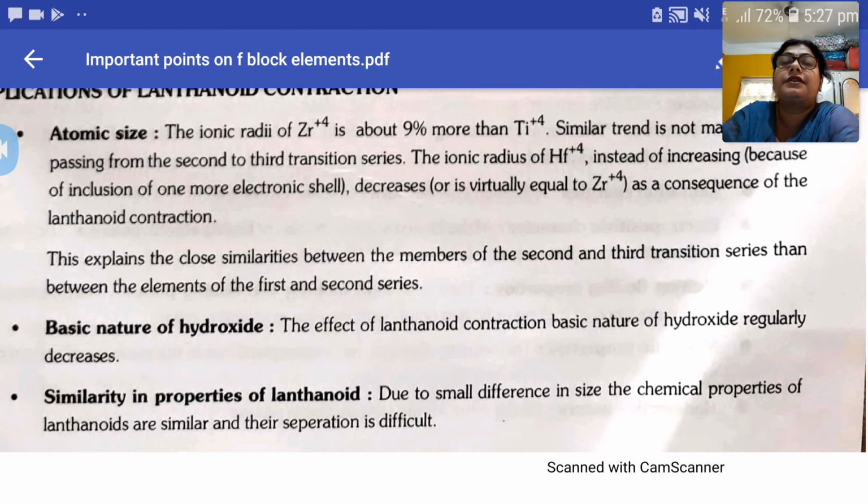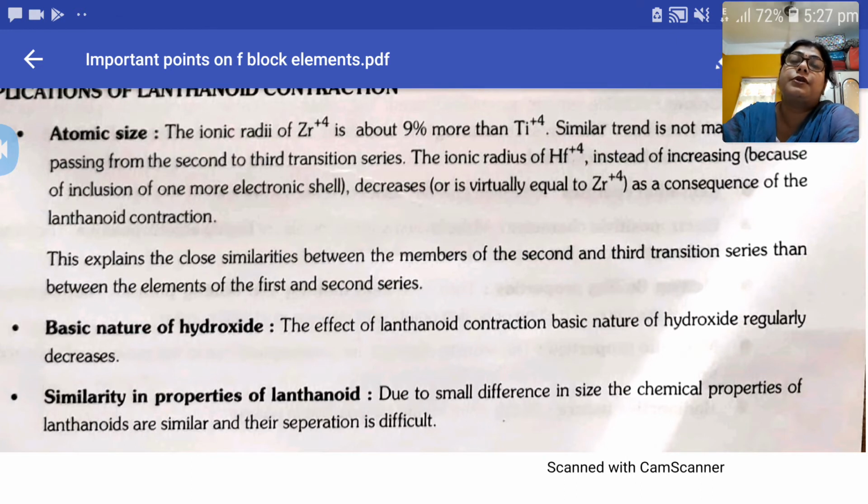Then basic nature of hydroxide, you see. The effect of lanthanide contraction: basic nature of hydroxide regularly decreases. Okay. And all is happening because of the lanthanide contraction only. Similarity in the properties of lanthanoids: due to small difference in the size, the chemical properties of lanthanoids are similar, and hence their separation is difficult.